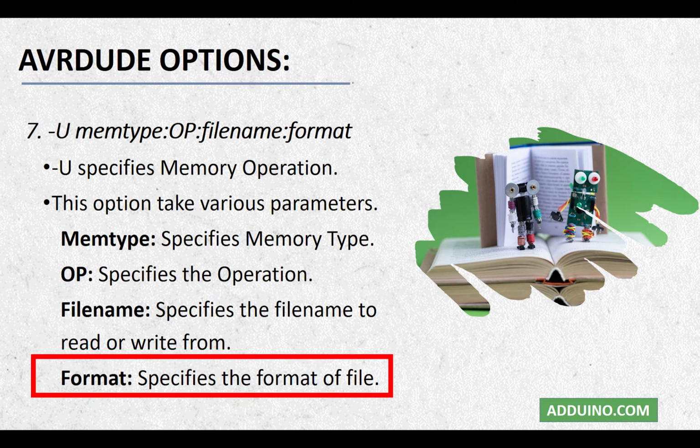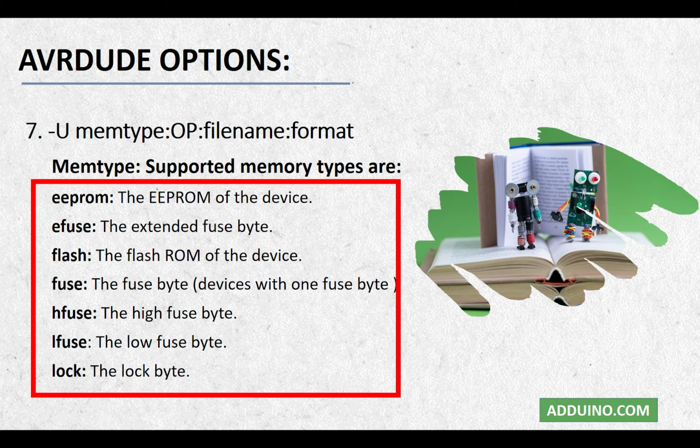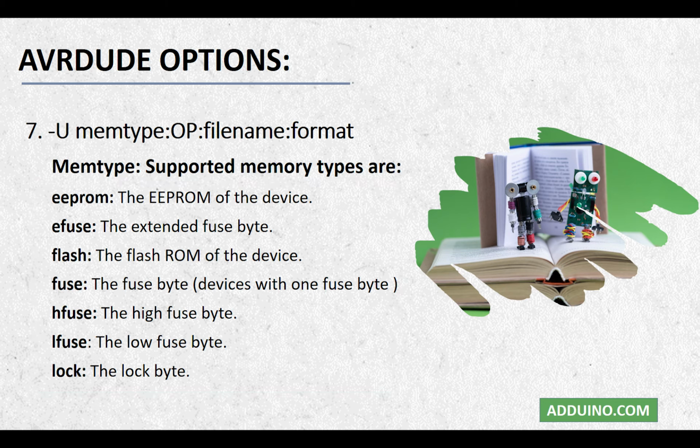AVRDUDE supports various memory types present on the microcontroller. The memtype parameter is used to specify the type of on-chip memory to be programmed. The memory types that are supported by AVRDUDE are shown in this slide. These include flash memory, EEPROM, fuse bits, and lock bits.